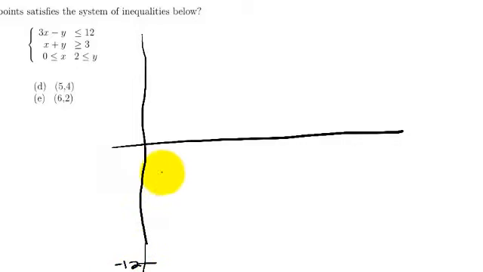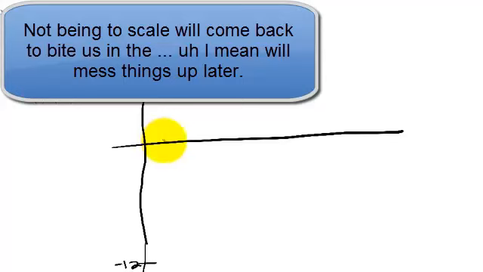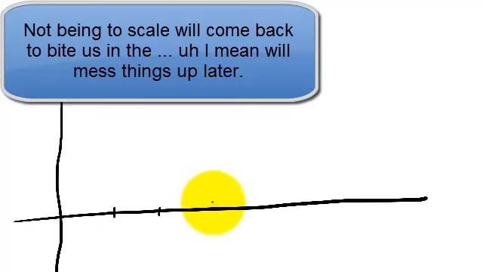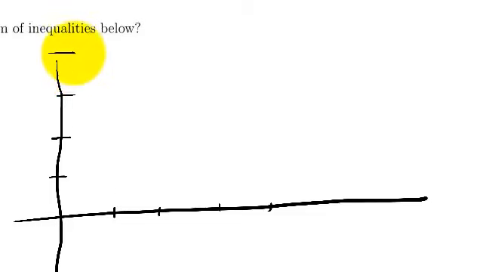Now, this part's not to scale. However, I do want the rest of this to be to scale. So 1, 2, 3, 4. 1, 2, 3, 4. Okay, so y is -12, and then when you cover up y, x has to be 4.